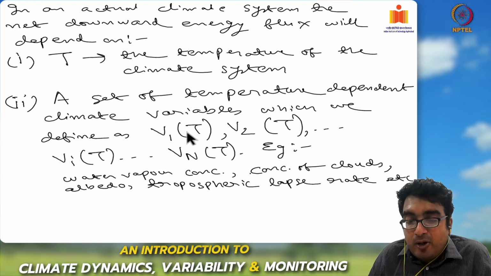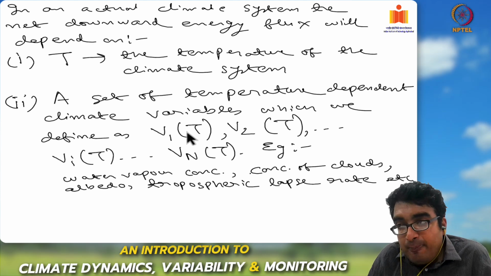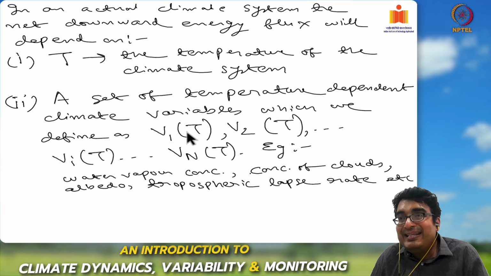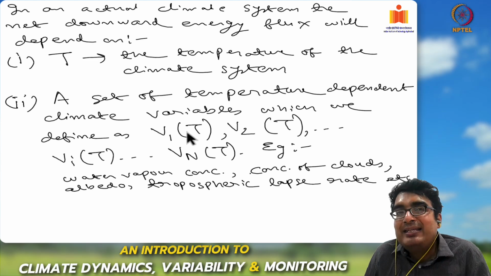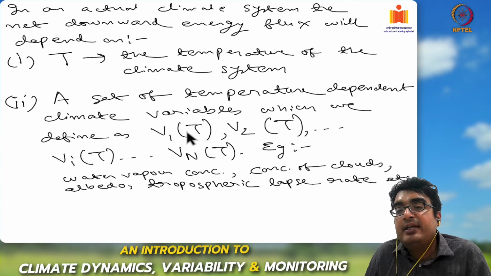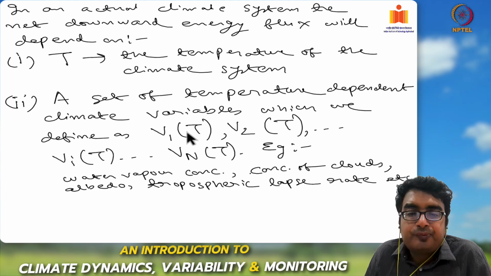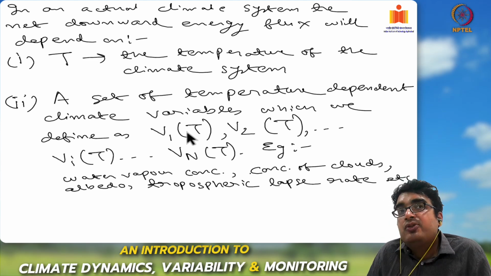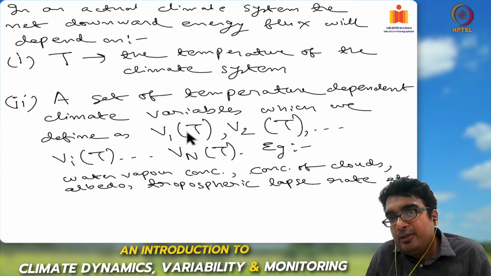So water vapor concentration in the atmosphere depends on the temperature of the climate system, because how much total water vapor is present increases exponentially as the temperature of the climate increases. We have seen this from the Clausius-Clapeyron relations that we discussed very early in our course. Concentration of clouds, again a very strongly temperature dependent parameter.